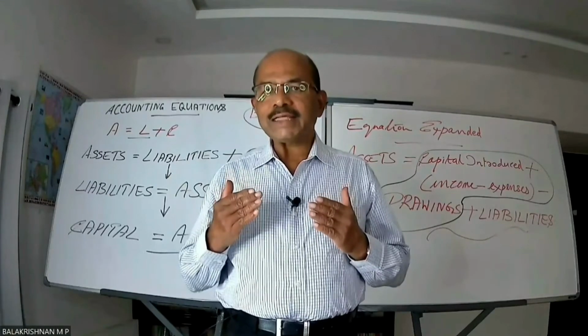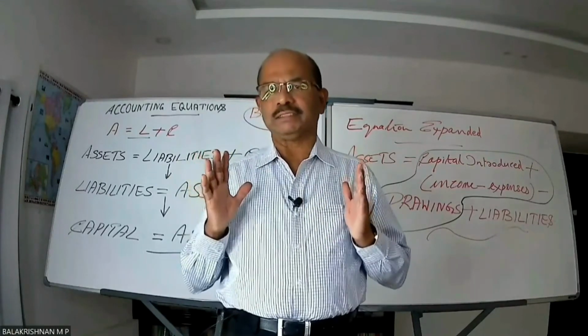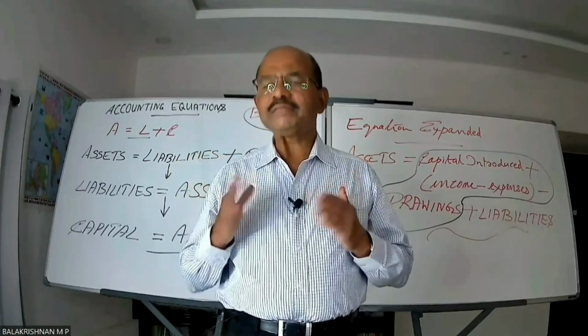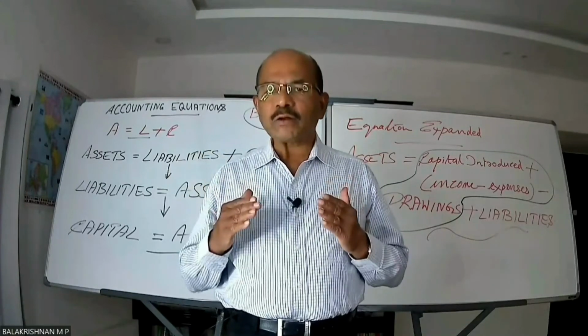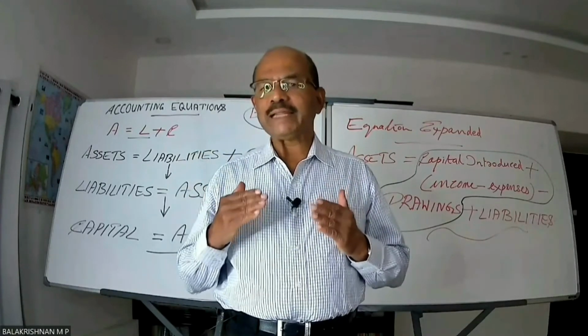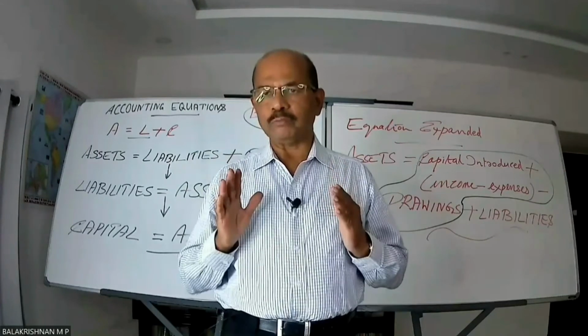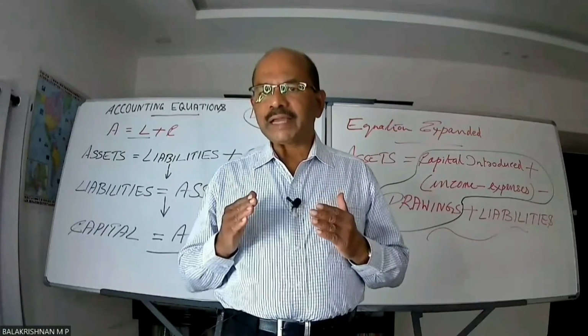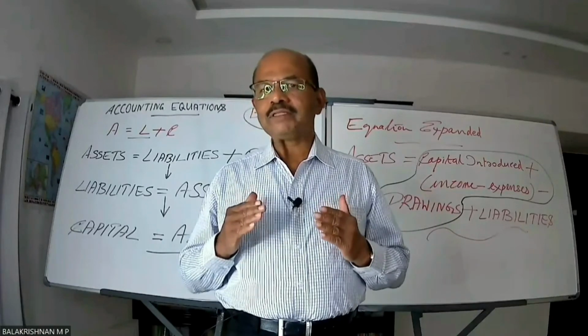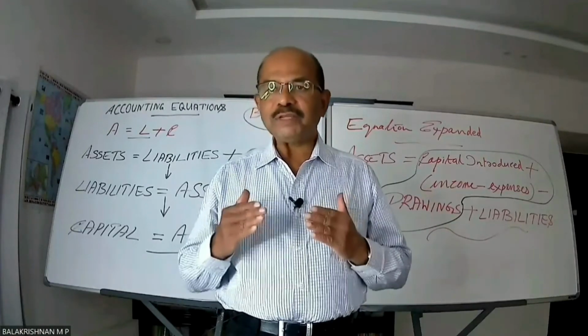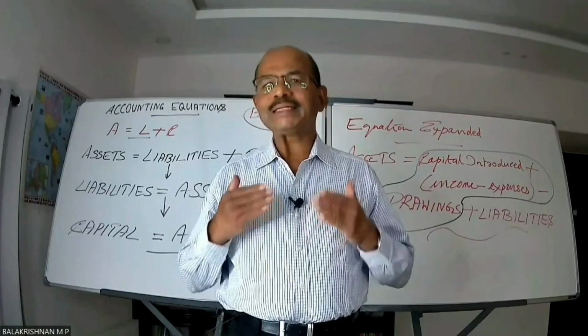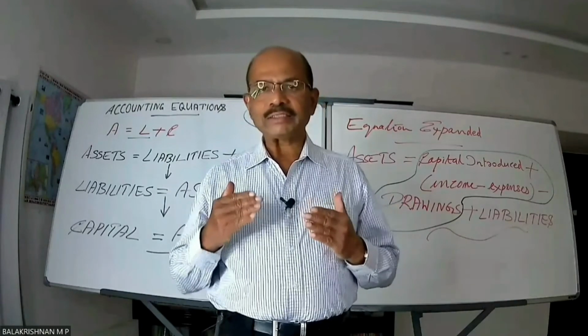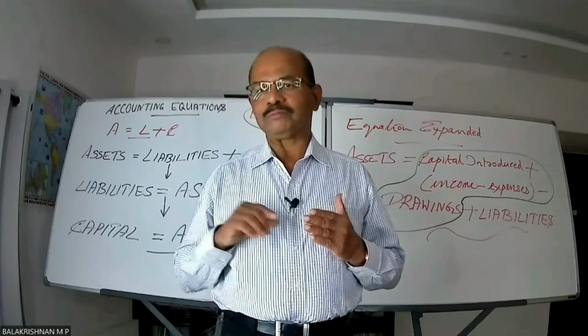So let's analyze some other variety of transactions, some very simple transactions. Later on, you may try the above mentioned 10 transactions yourself at home, which I have selected randomly. In case you are not convinced still, please feel free to be in touch with me using my contacts given in the description below.